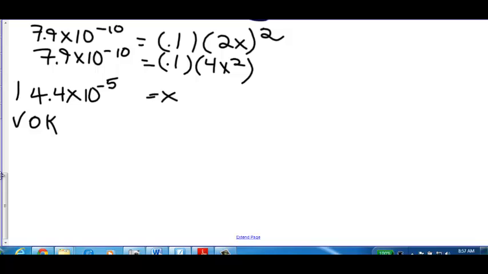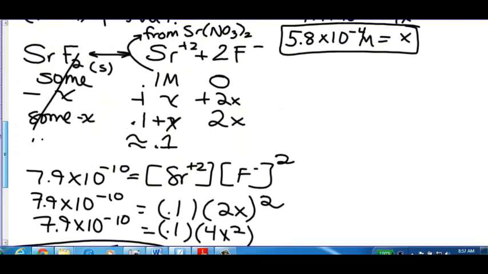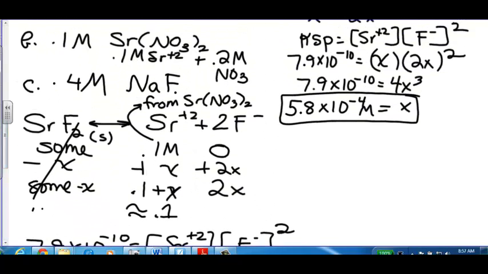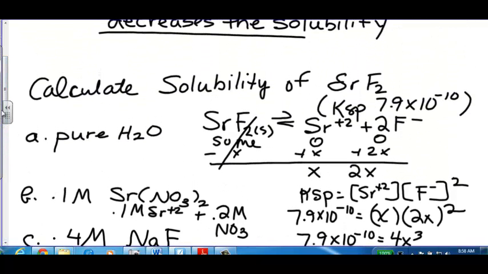All right, so what you can see, everybody, if you look back to your solubility from A. Where did it go? 5.8 times 10 to the negative 4, and 4.4 times 10 to the negative 5th. The solubility of the strontium fluoride has gone down because, in essence, compared to pure water, you're increasing the concentration of strontium ions.